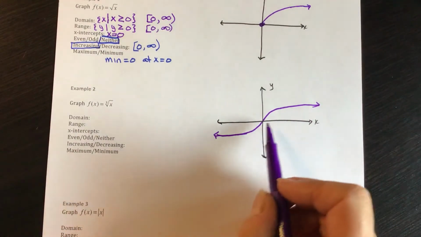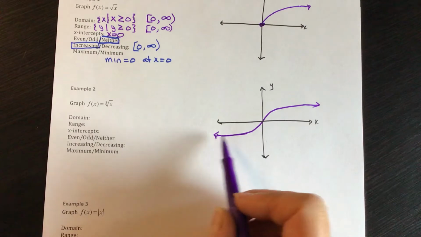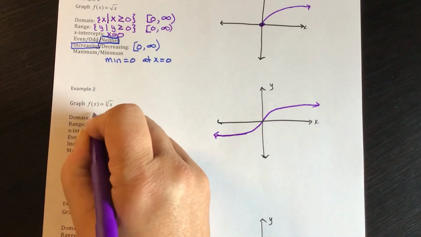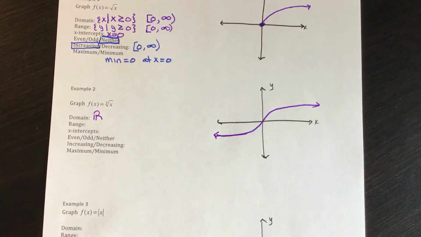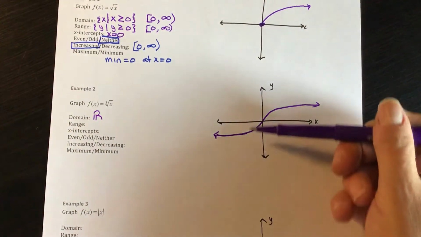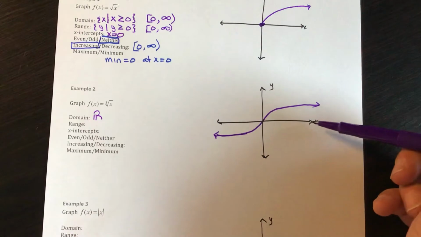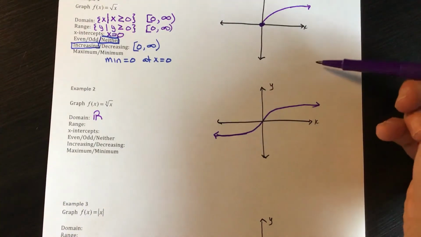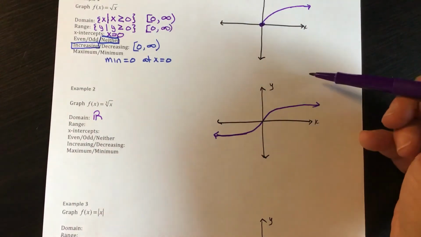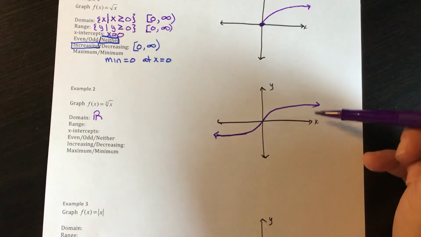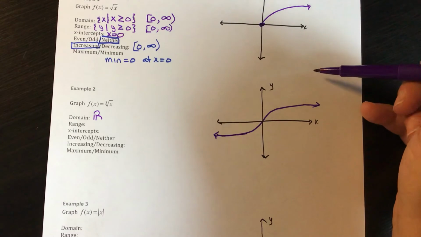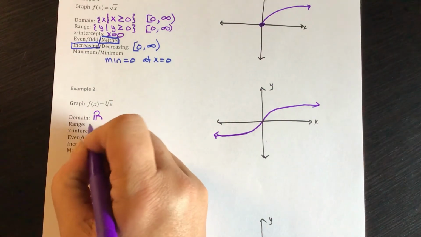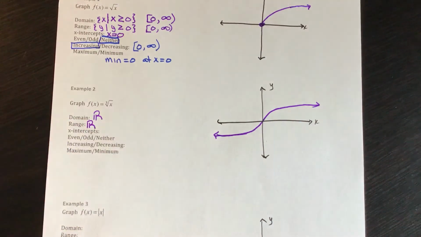Notice all of these values for x can be included in our domain, so our domain is all real numbers. And the same thing for our range. We would have to go very far left or right to get values that are up here, but it is possible if we have very large values for x that we can get large values for y. So the range is also all real numbers.